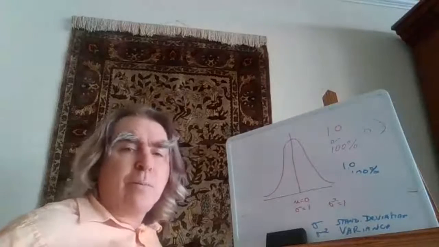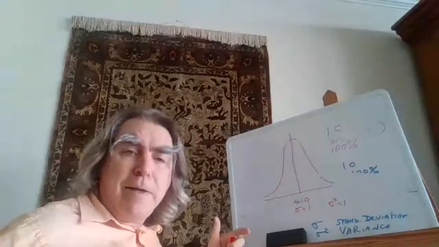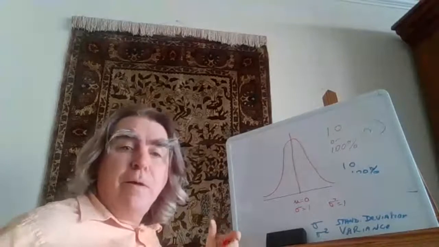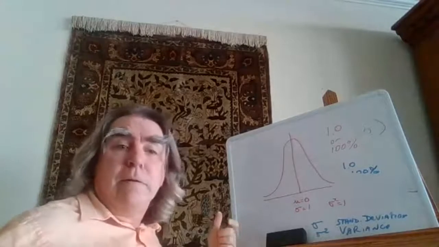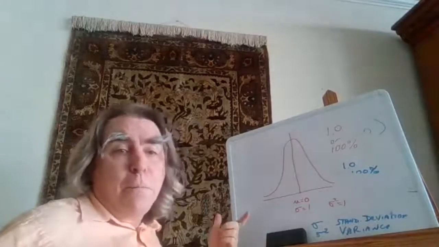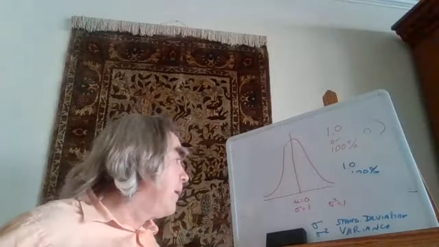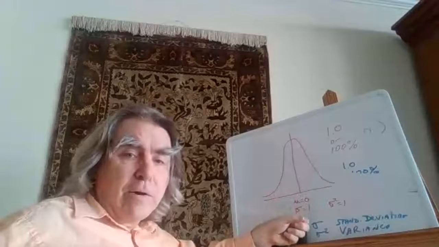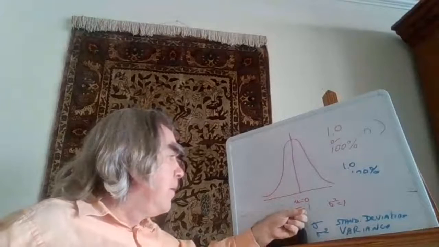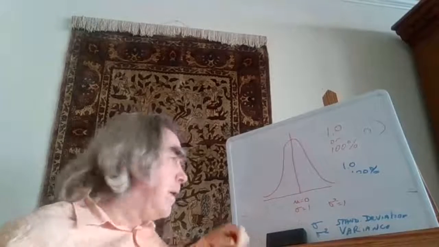In a standard normal, whether you define it as sigma equals 1 or sigma squared equals 1 doesn't matter, because 1 squared is 1, right? Okay. But it is the standard normal, centered at 0 with a sigma of 1.